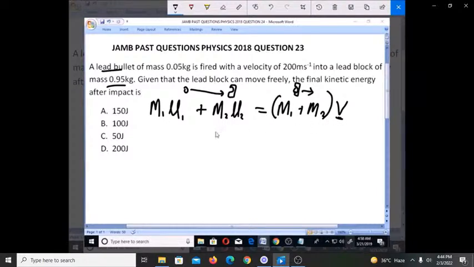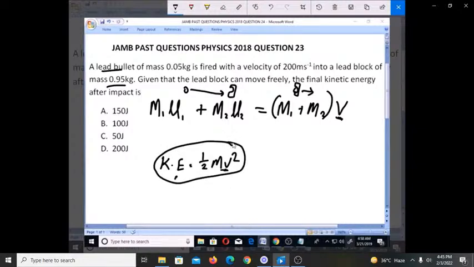With this final velocity, we can now calculate the final kinetic energy, which is half mv squared. We know the initial velocities and masses, but we don't know the final velocity. So that is what we need to calculate. Once we calculate it, we can put it in the formula for kinetic energy. And that is what we're going to be doing.